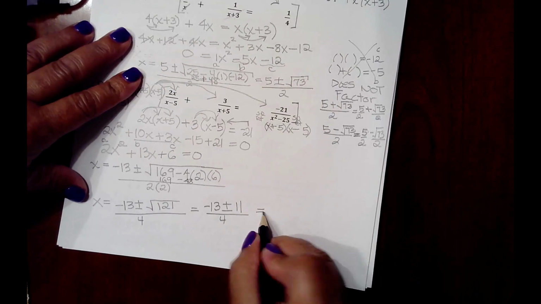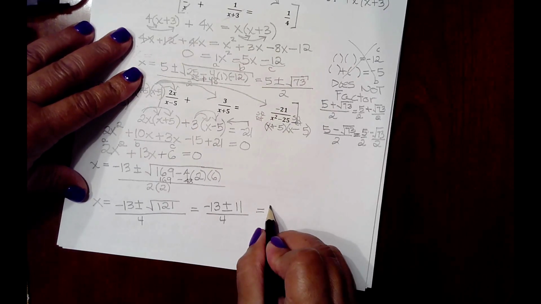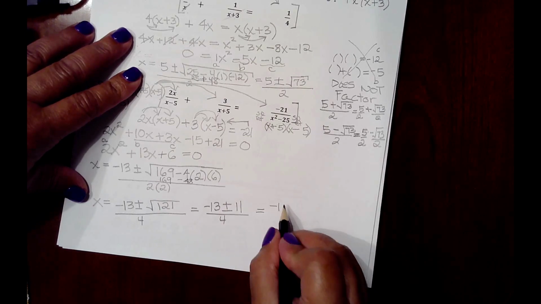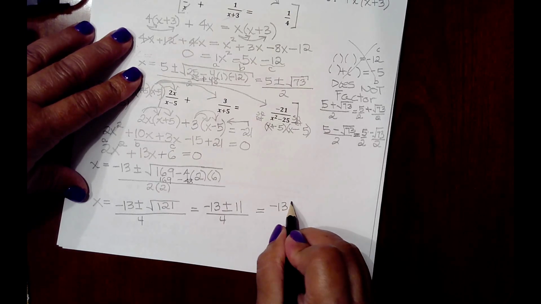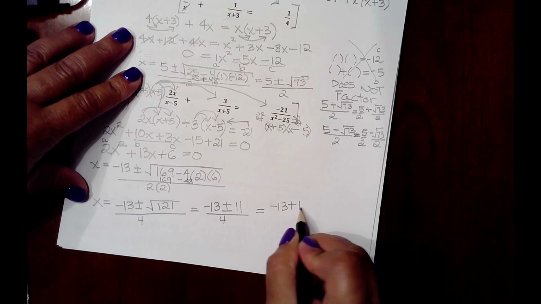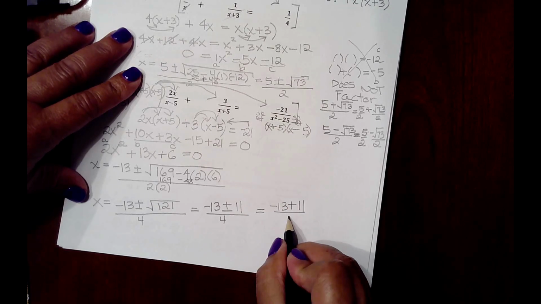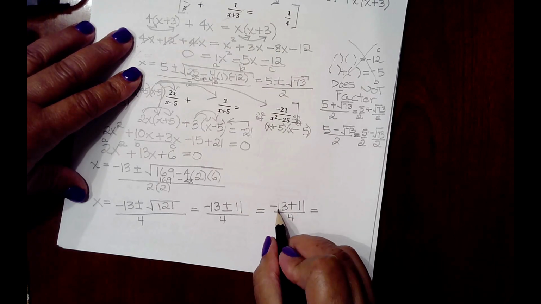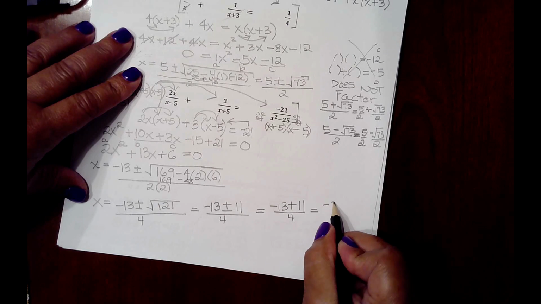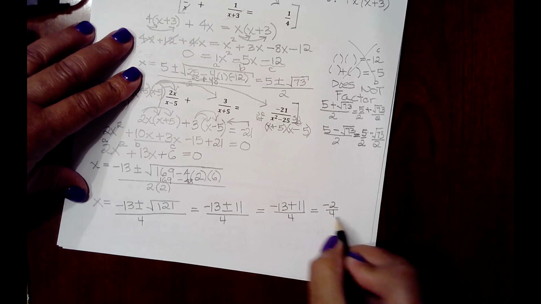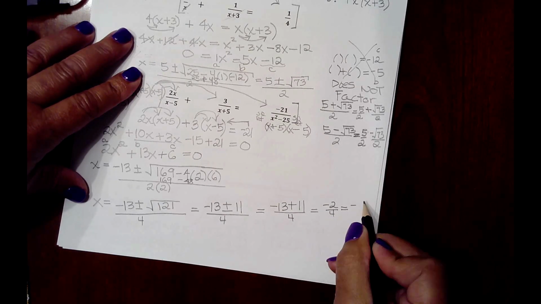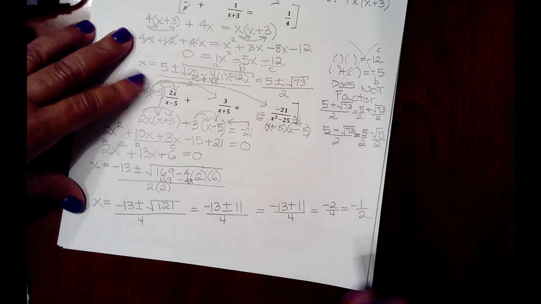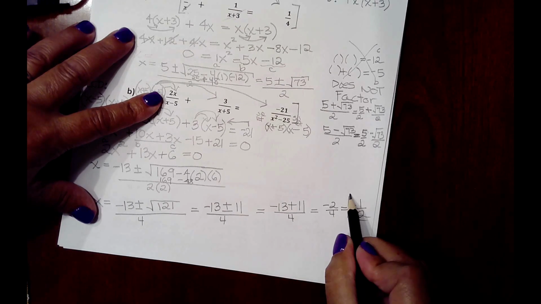So carefully, that sign doesn't change, but you're going to have different signs for each of your answers in the middle. So first I'm going to use the plus sign, so I'll be adding plus 11 for the denominator of 4. And that's going to give me negative 13 plus 11 is negative 2 over 4, which when reduced is negative 1/2. You can always get your calculator, but I think most of you can reduce that in your head.